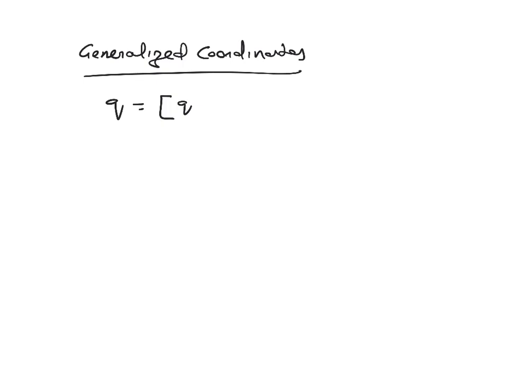So a vector Q1 to QR. So let's say we have R different degrees of freedom for that particular system. So we have to identify them and choose them. Okay. These Q1 to QR should completely incorporate all the unique constraints to the system, okay?